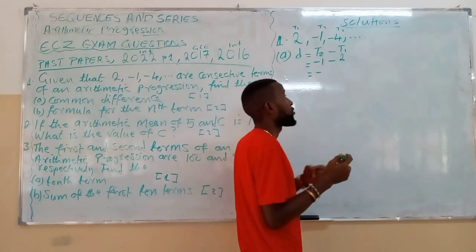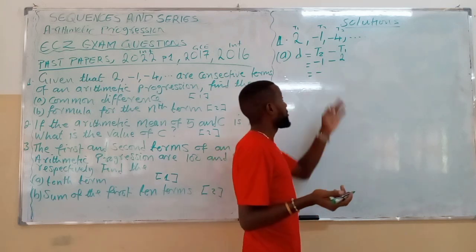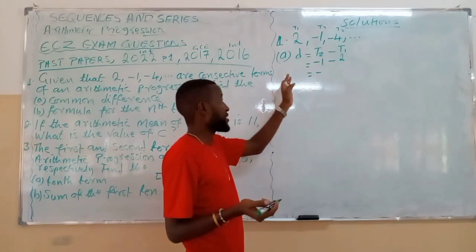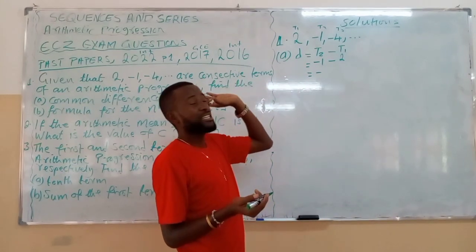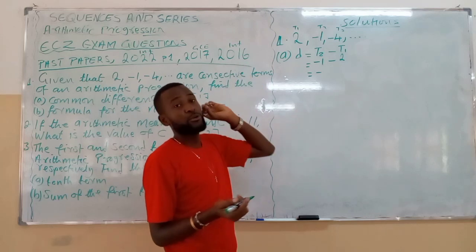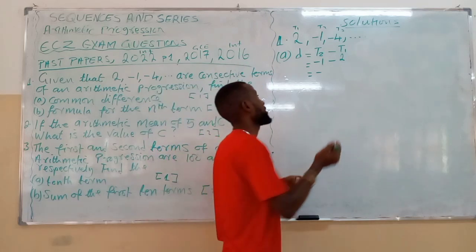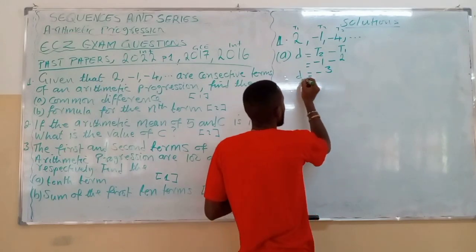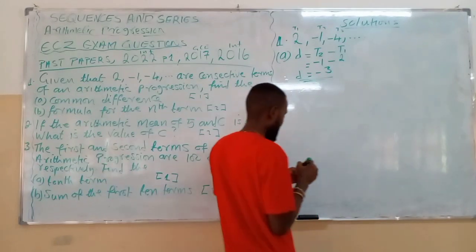In this scenario, it's more like we are adding, because on the number line we go to the negative side, and again to the negative side, and we shall reach -3. So the answer is -3 as our common difference. So the common difference is -3.